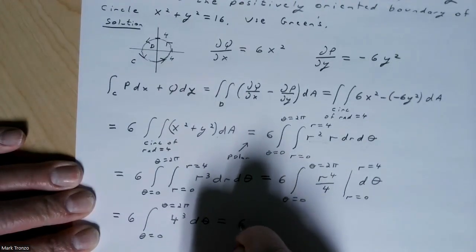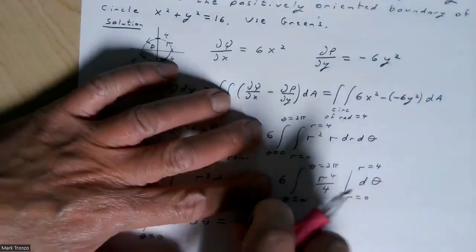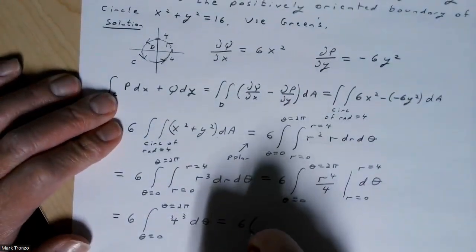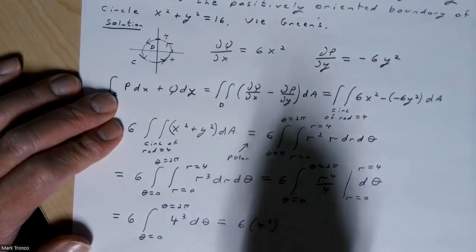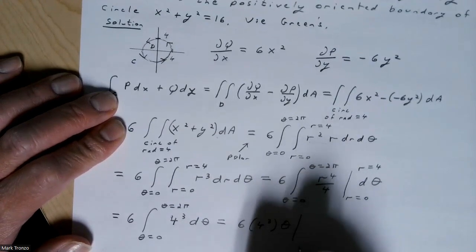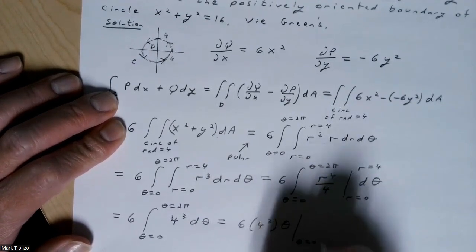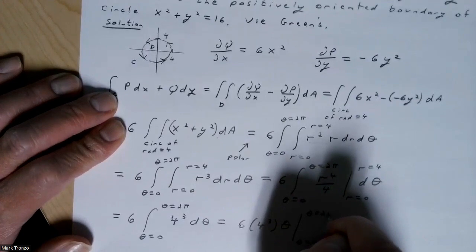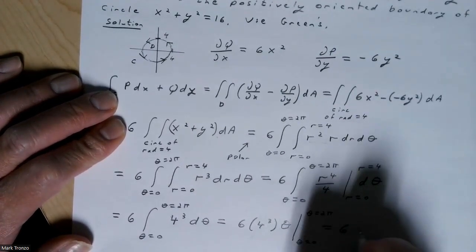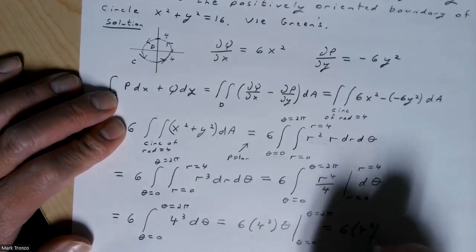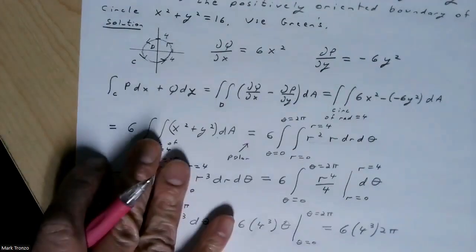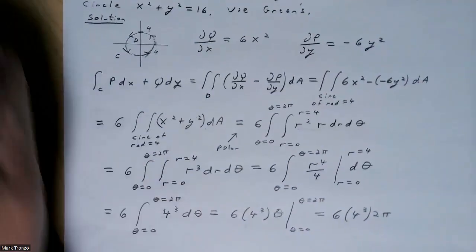And then integrate again with respect to theta. And we put those in, 4 cubed times 2 pi, like this.